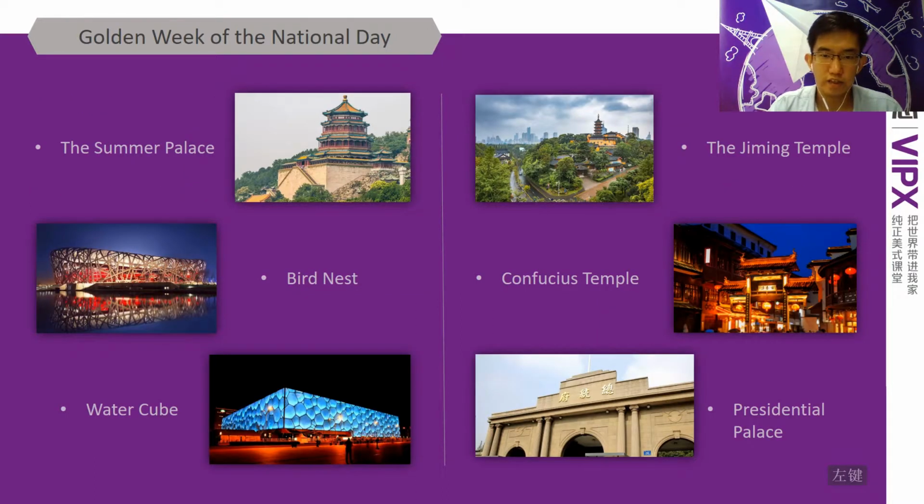On the next page, we also have several scenic spots of human culture from Nanjing and Beijing to compare with each other. Look at the left side. The first one is the Summer Palace, which is located in Beijing. The Summer Palace was built in the Qing Dynasty to celebrate the 60th birthday of the Empress Dowager Cixi.